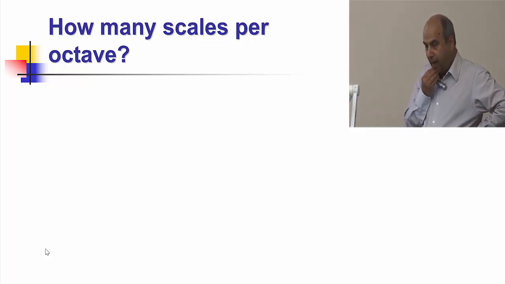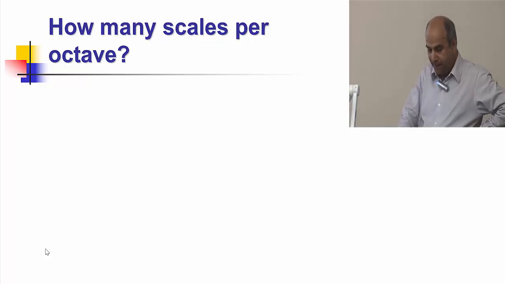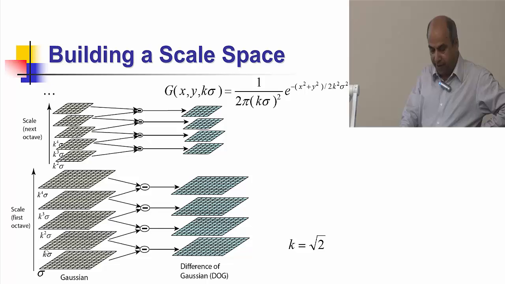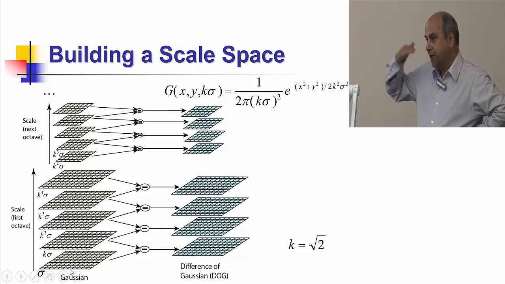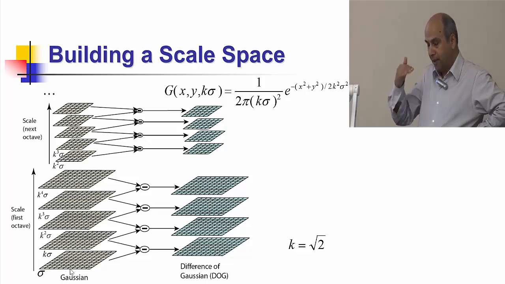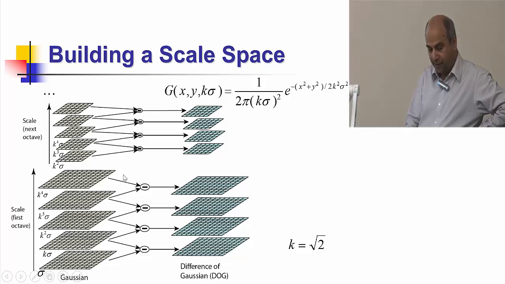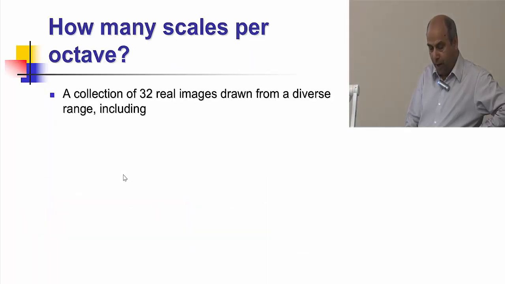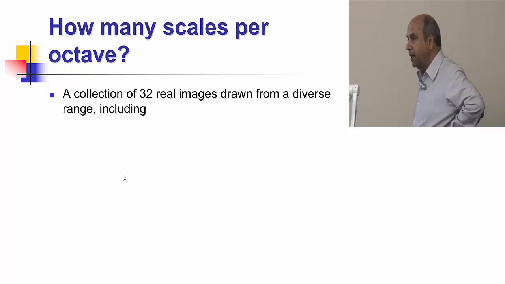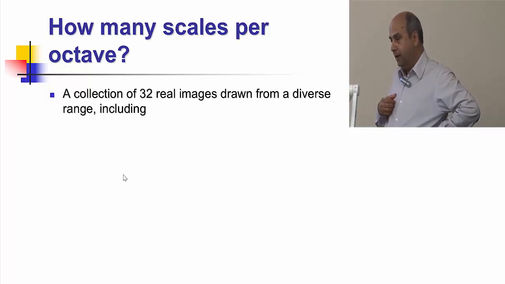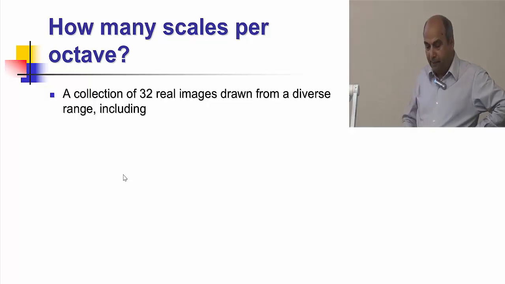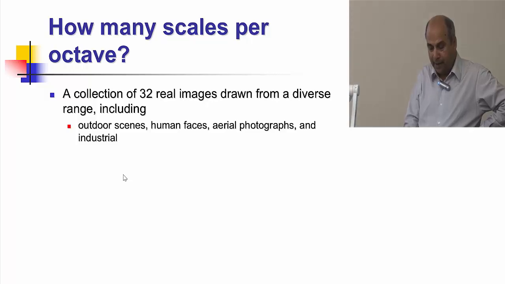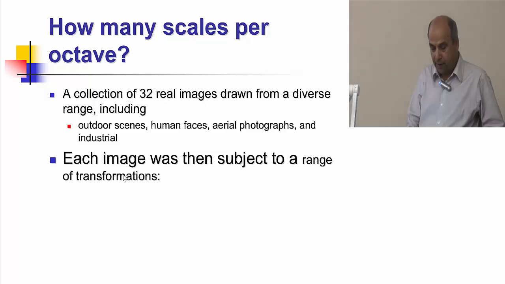Now the first question is, how many scales should be in each band? Because as you saw here, we did 4 or 5 of those, but can you do 6, 7, or why do you stop, then subsample and go to the next one? So that's the question. This point was determined empirically. What Lowe did was take several images from a range of different domains: outdoor images, human faces, aerial photographs, and so on.